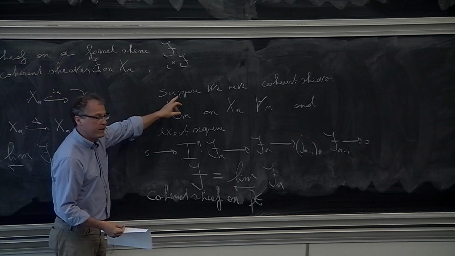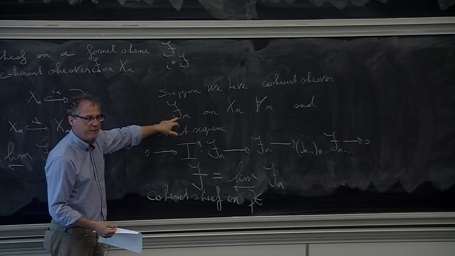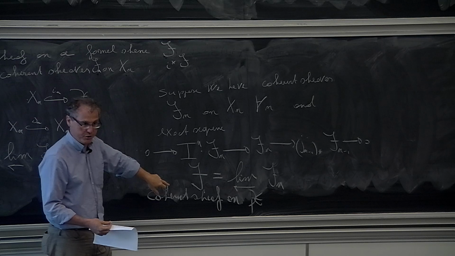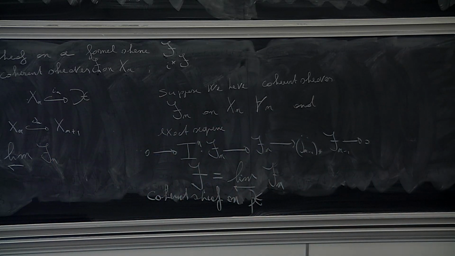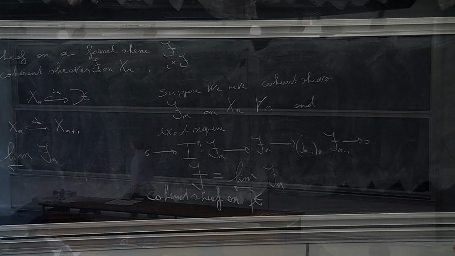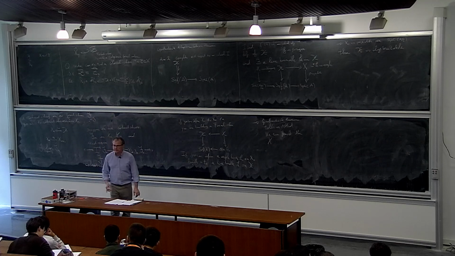And conversely, given sheaves on each of the Xn, you will build up a sheaf on X. Okay, so this, I think, answers your question. Is it clear that this curly F is still of finite presentation? This must be proven.